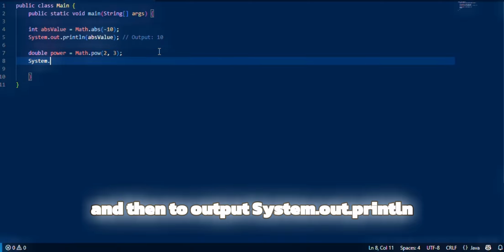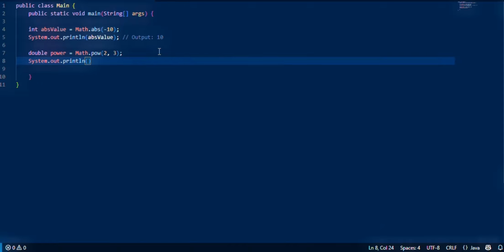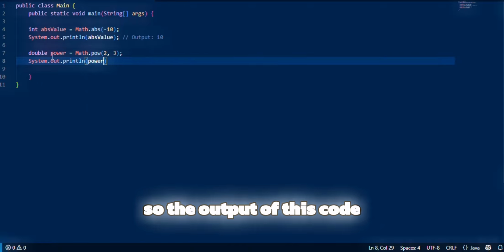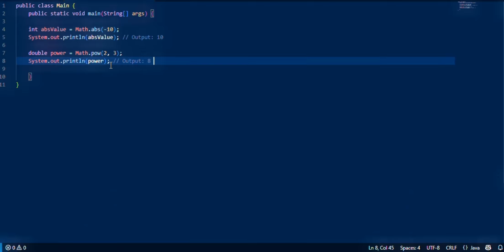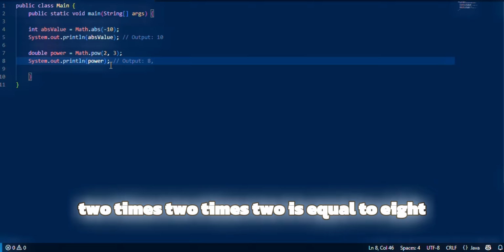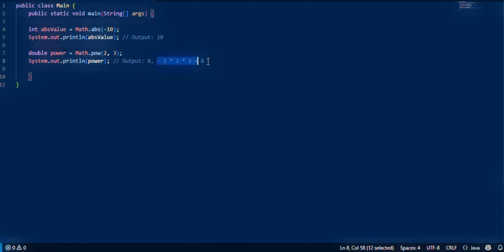Then to output this, System.out.println(power), which is this variable. The output of this code will be 8, because 2 times 2 times 2 is equal to 8. That's the reasoning behind this power.